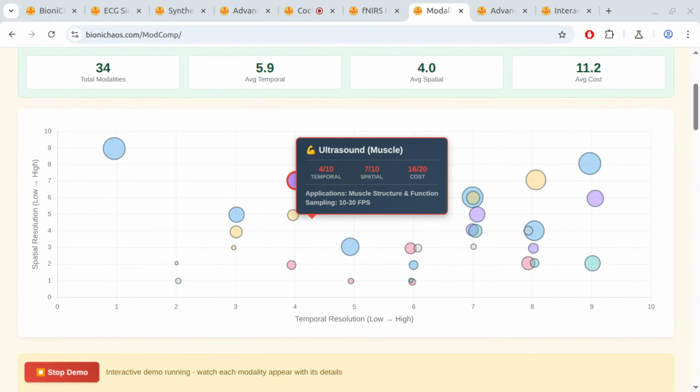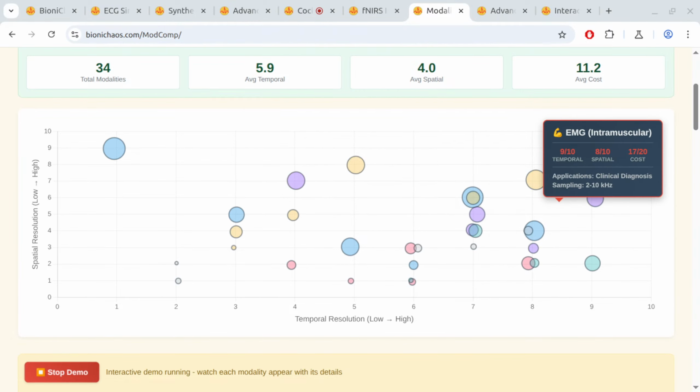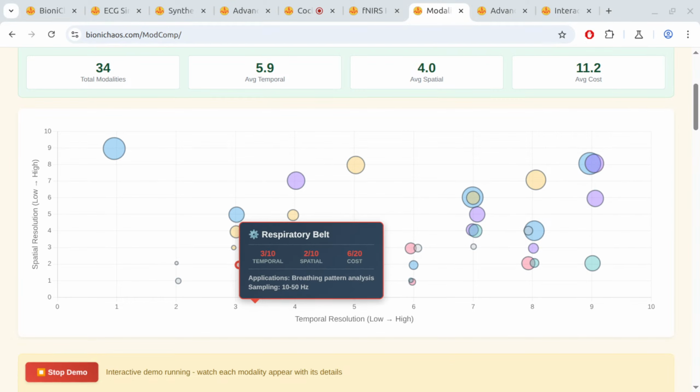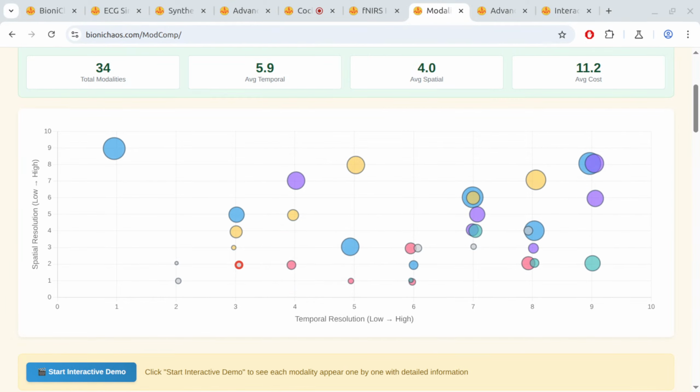Sure, I'll continue monitoring the demo. The graph is being populated with more modalities, and for each one, you can see its temporal and spatial resolution ratings, the cost rating, and the typical applications. It provides a comprehensive overview of different sensing methods.